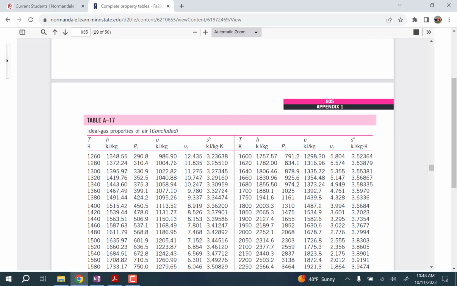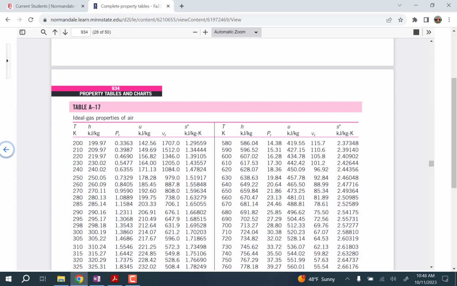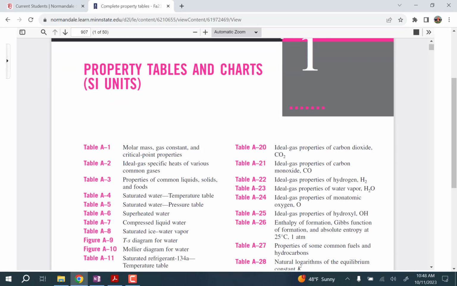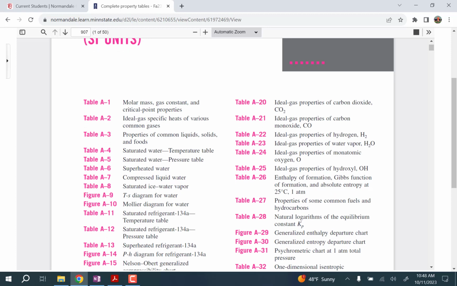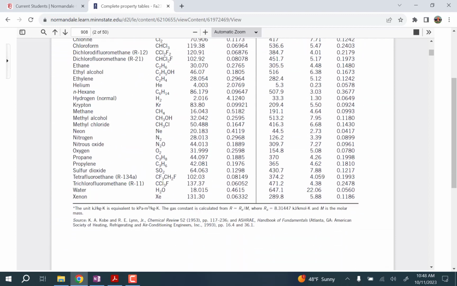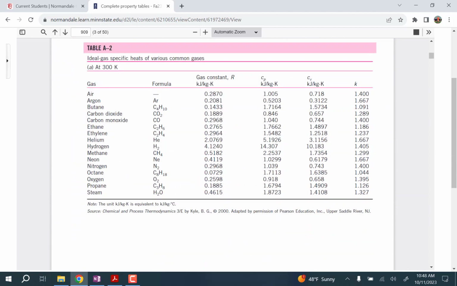So let's see, where would that be? Ideal gas properties, ideal gas specific heat. So table A2. So air, C sub P, right there.